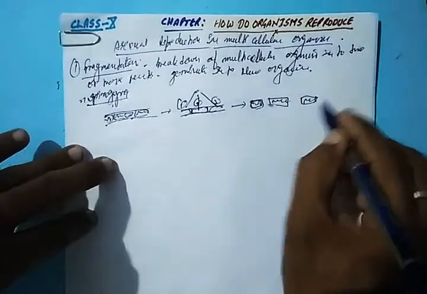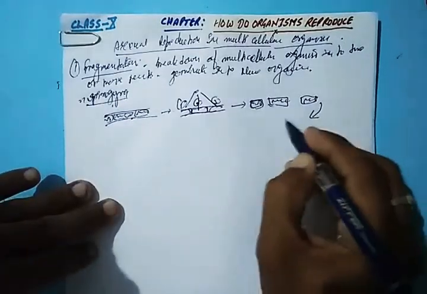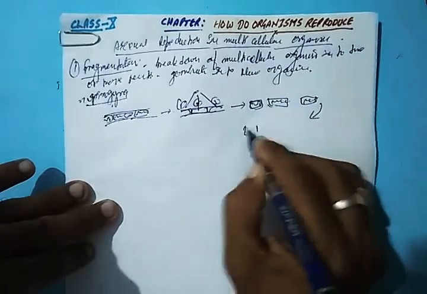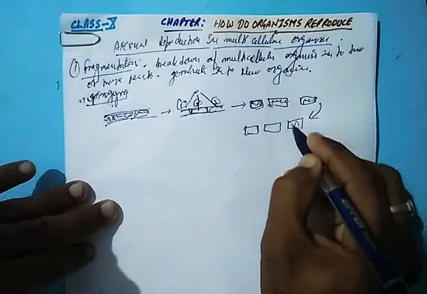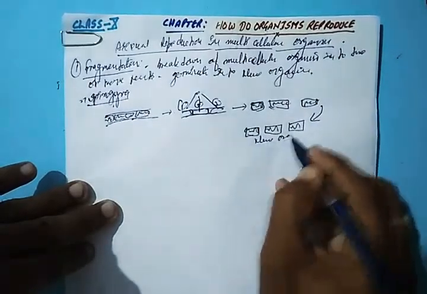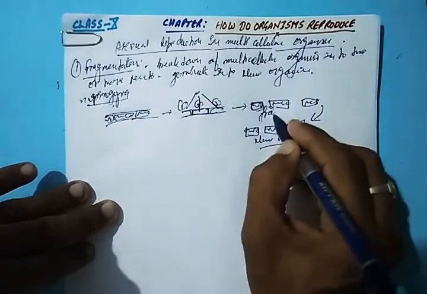Now these all three parts germinate and develop into new organisms. Okay, and these are the fragments.